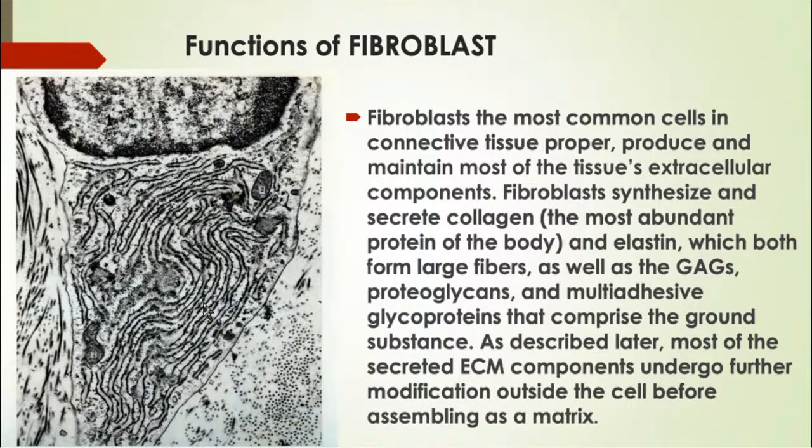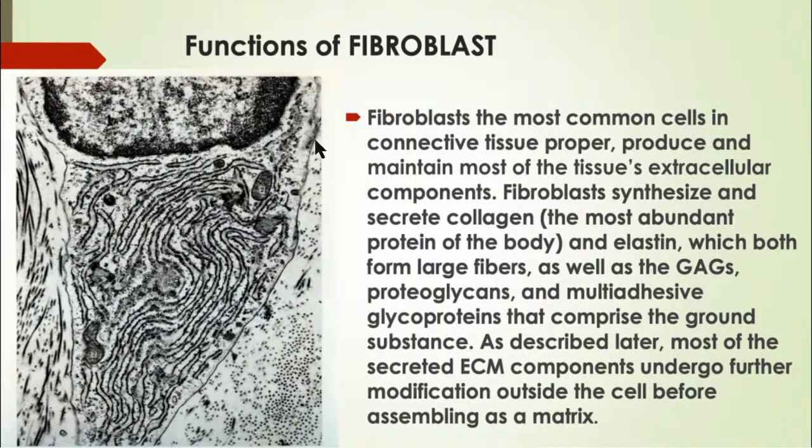This is an electron photomicrograph. A micrograph like this will be in your exam. Look, this is a nucleus, with heterochromatin at the periphery, and a nuclear pore is also visible. Also, we can see a very well developed rough endoplasmic reticulum, with a lot of ribosomes, especially polysomes.